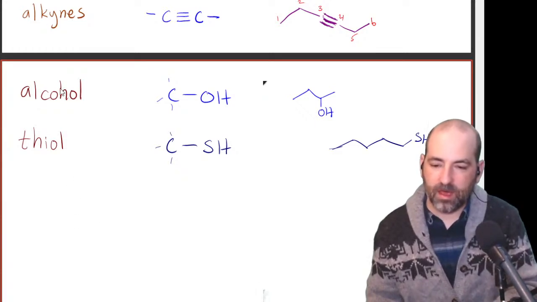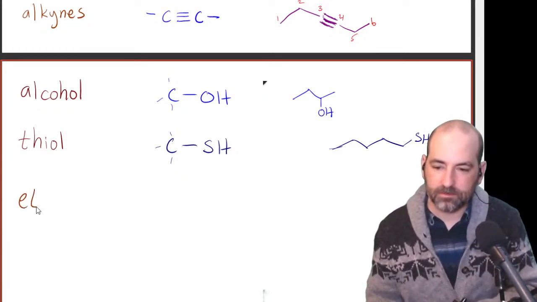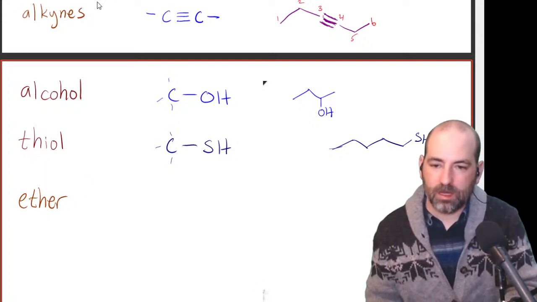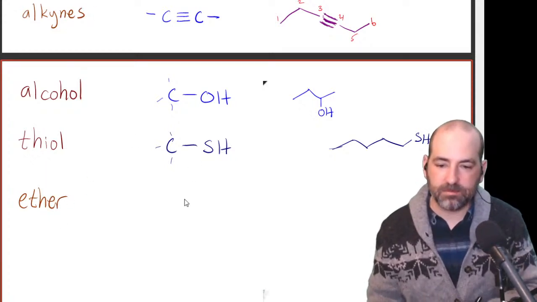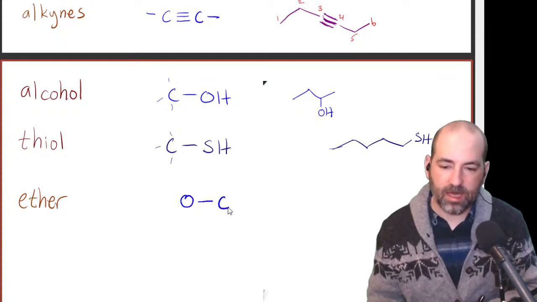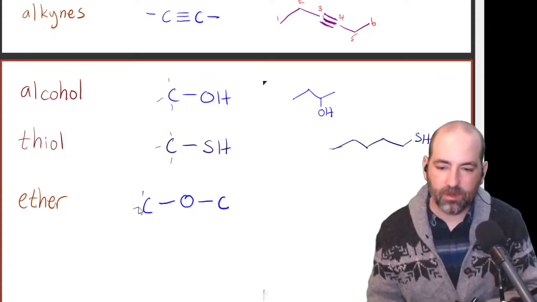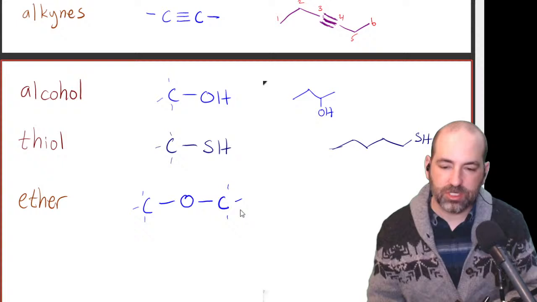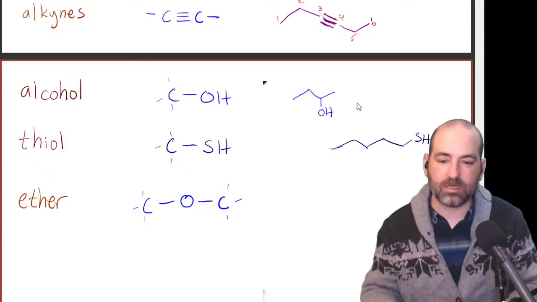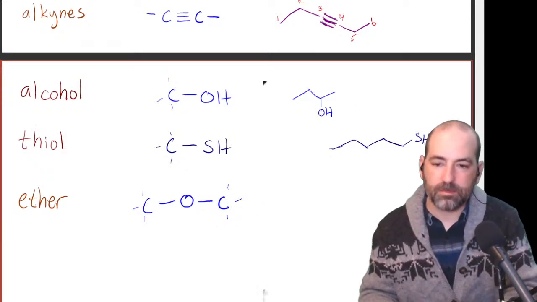Okay, and then we have ether. And ether is another oxygen-based functional group that has a carbon on either side of the oxygen. So rather than an OH, now we've got the oxygen in between 2 carbons. So some examples here, a couple of different ways we could do this.